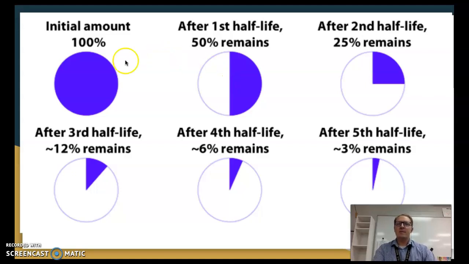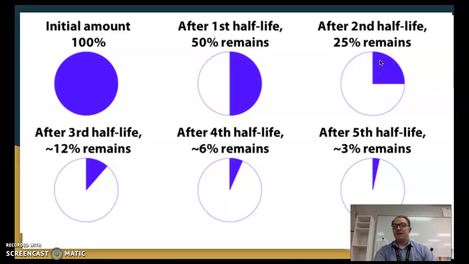So walk through this one more time. 100 unstable atoms. After one half-life, 50 are stable and 50 are still unstable. After one more half-life, this blue section divides in half, and this half becomes stable, and we're left with these 25 atoms that are unstable.